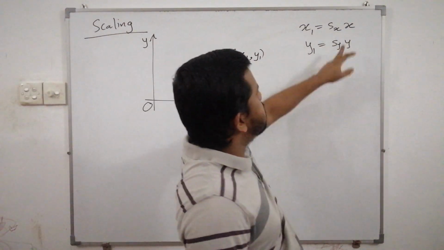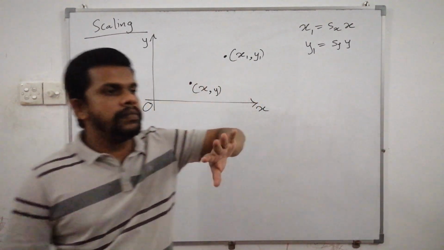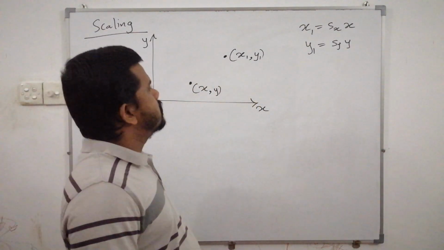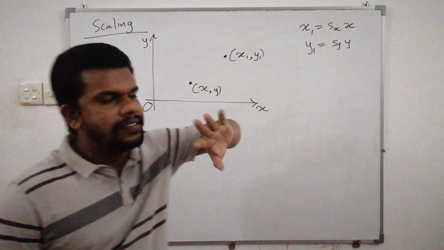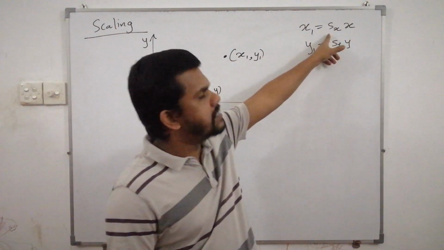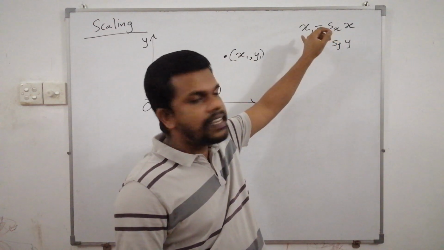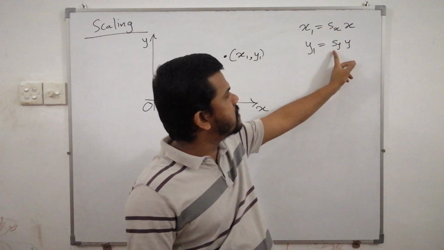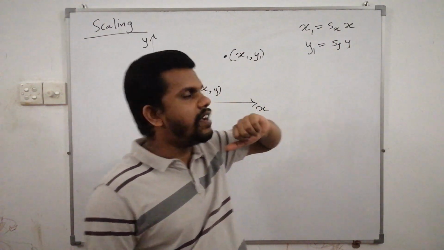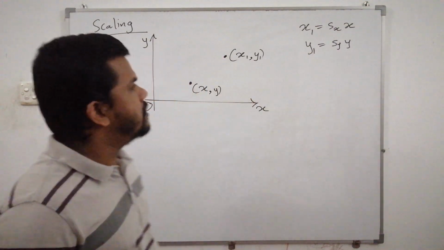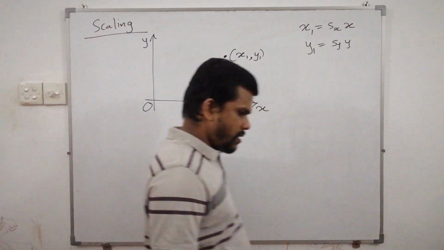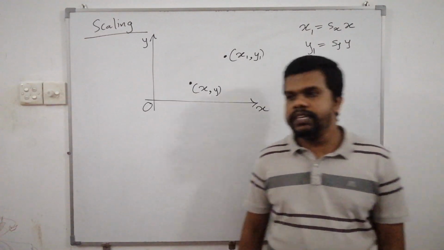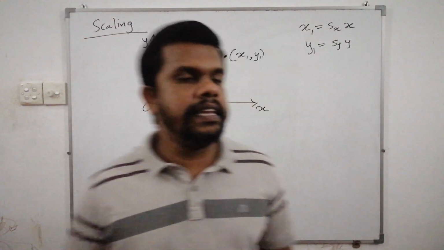These sx and sy, we call them scaling factors. So the x coordinate is multiplied by the sx scaling factor, then we get the x1 coordinate. The y coordinate is multiplied by the sy scaling factor, then we get the y1 coordinate. This kind of transformation, we call it scaling.